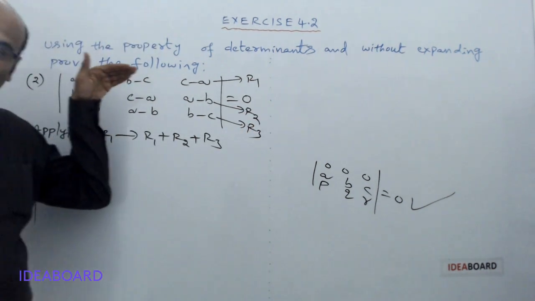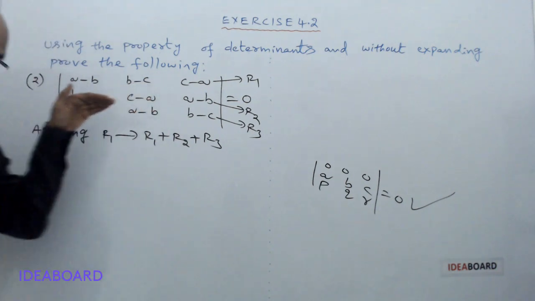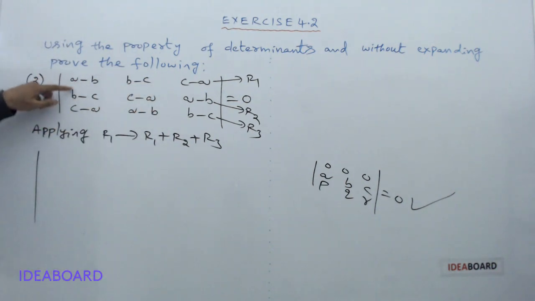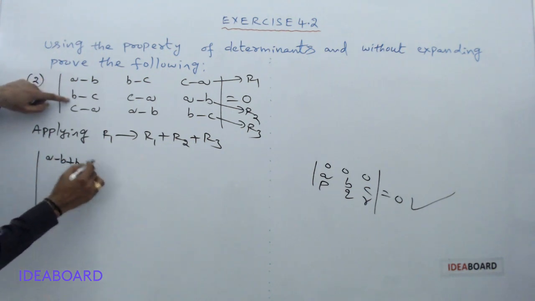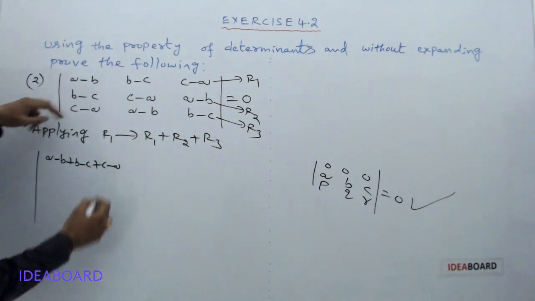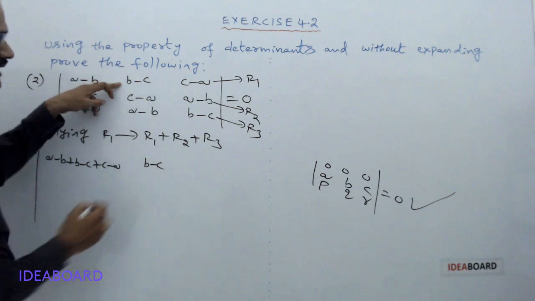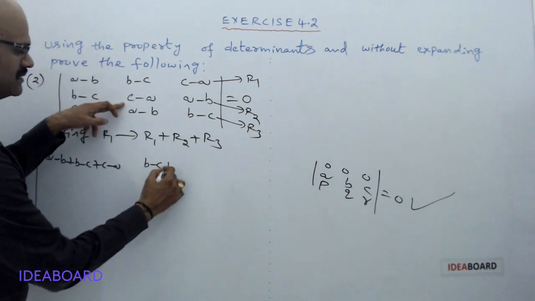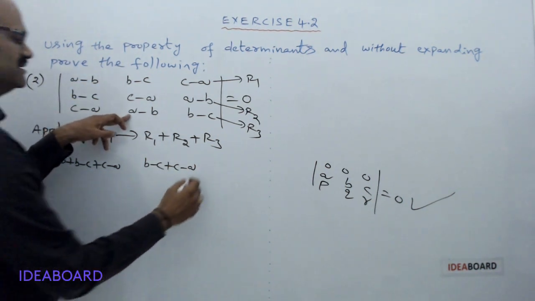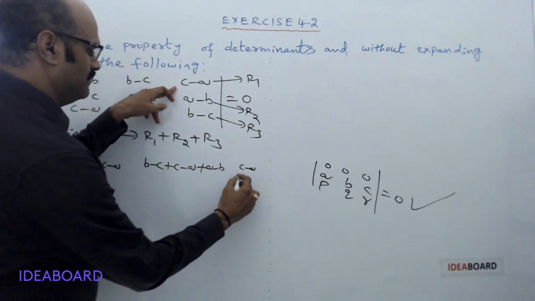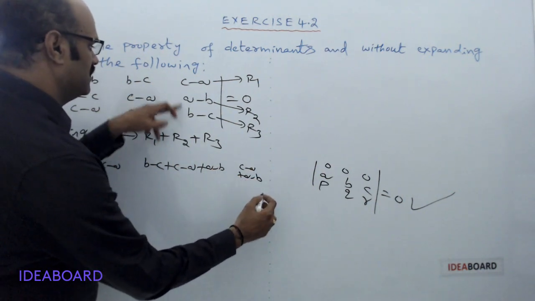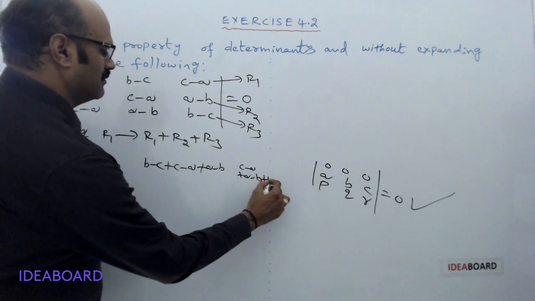We have to add only the corresponding elements. So we take a minus b plus b minus c plus c minus a. Similarly, b minus c plus c minus a plus a minus b. Next, c minus a plus a minus b plus b minus c.